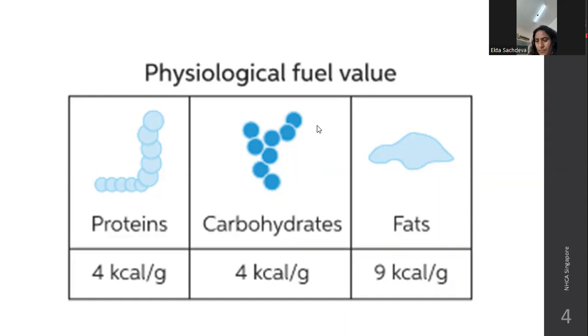In a simulation outside the human body, if you combust 1 gram of protein, yes, it is 5.65. Outside a human body, protein can give you 5.65 kilocalories.